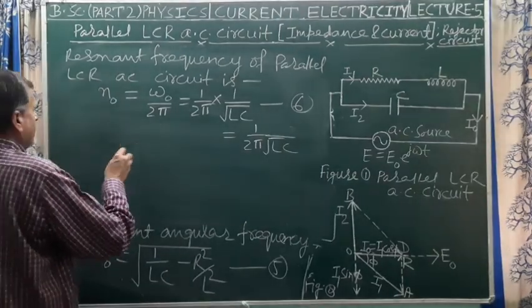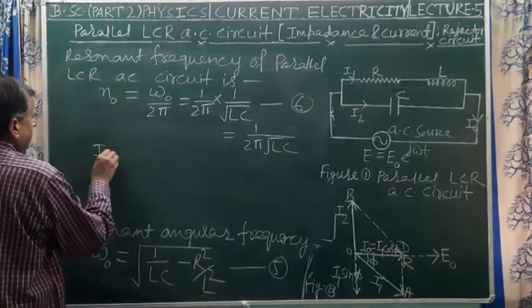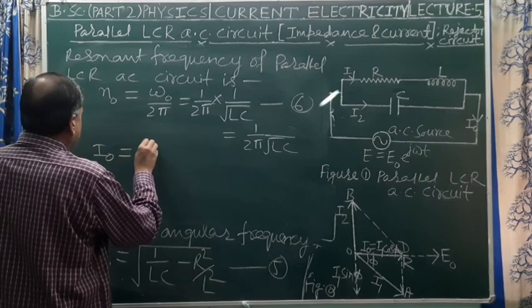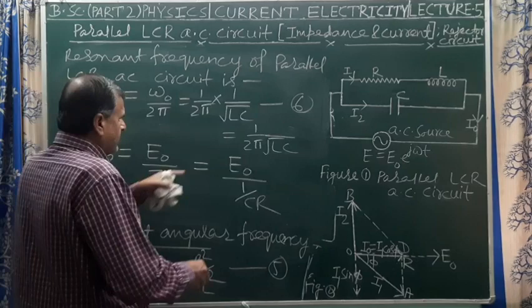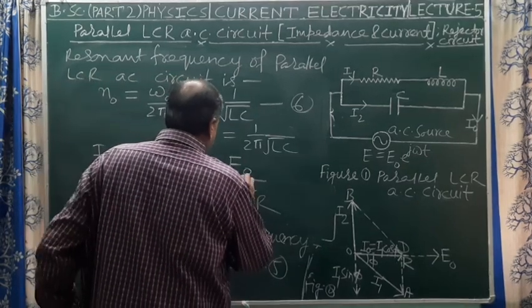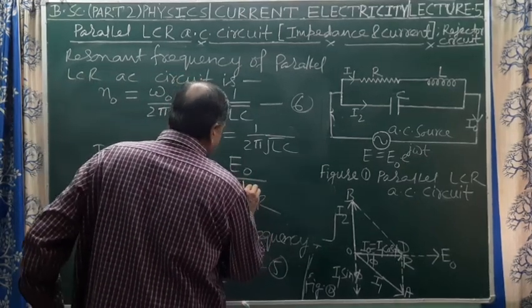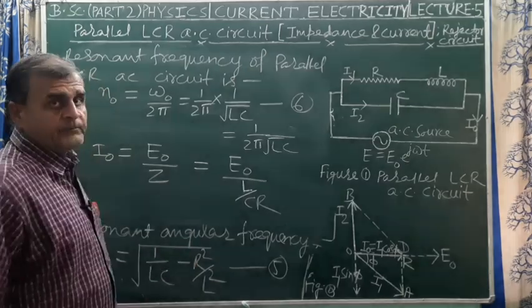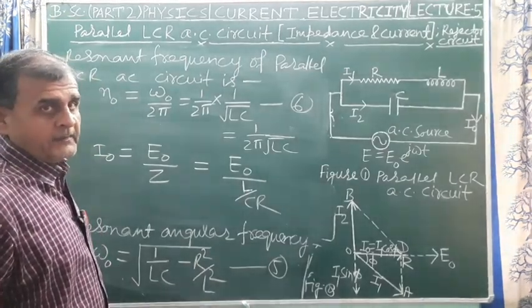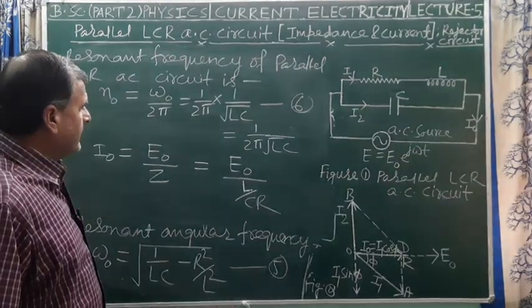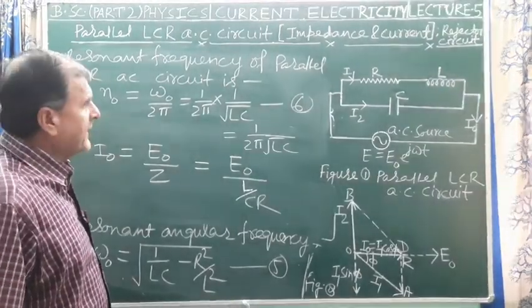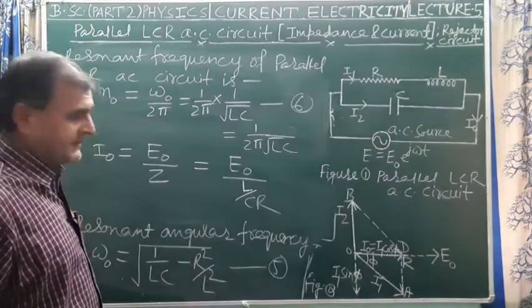So I naught, the source current, is I naught is equal to E naught upon Z, where Z is equal to L upon CR, and L upon CR is the total impedance of the LCR parallel AC circuit.